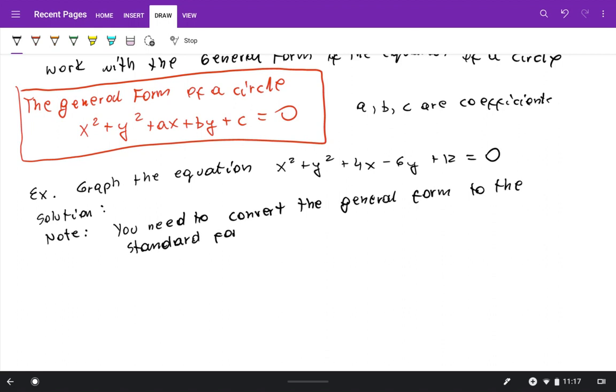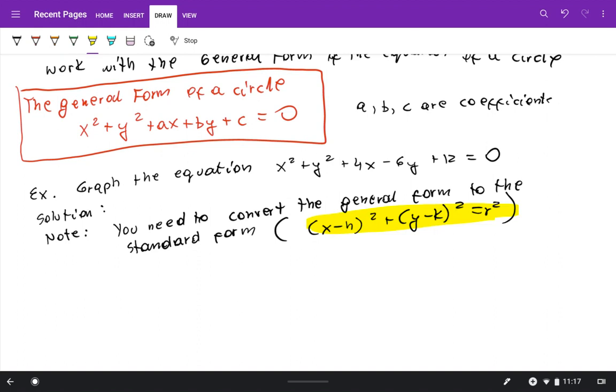So standard form, don't forget that that's the one: x minus h squared plus y minus k squared equals radius squared, because from a standard form we will be able to graph it, because we can quickly figure out what the center is and what the radius is. Okay, so how are we going to do it?